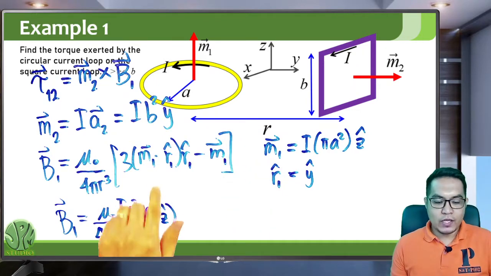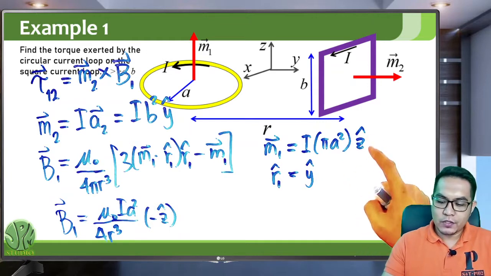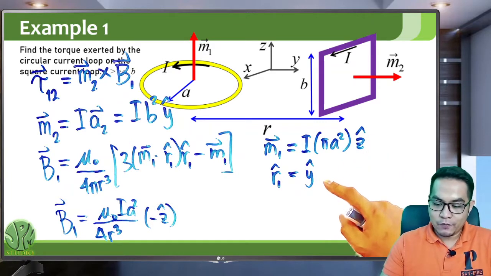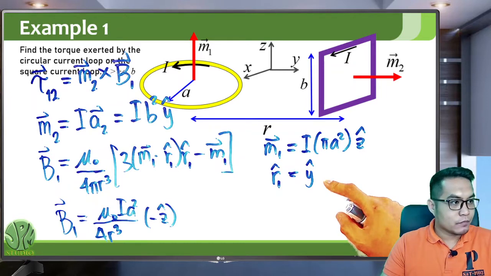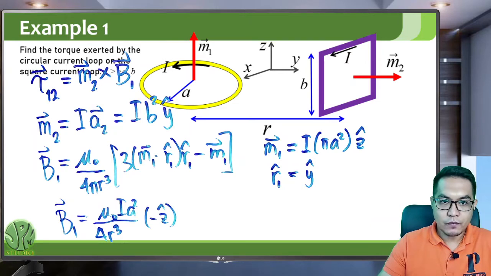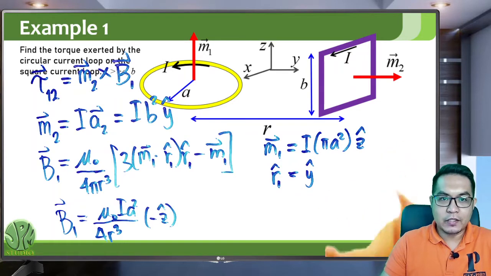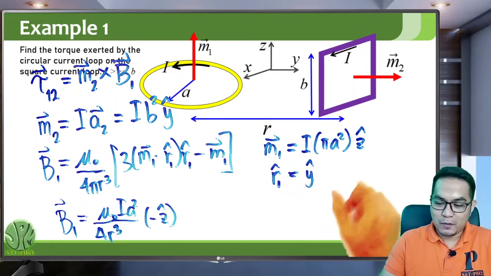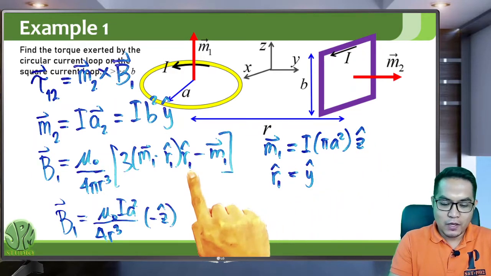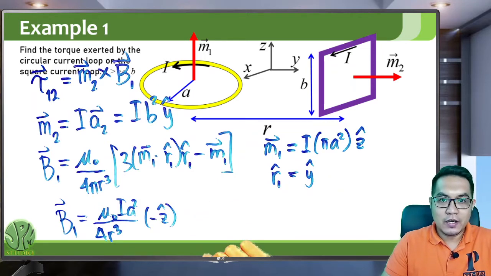Now m1 dot r1 hat is a dot product, so it's a scalar quantity.